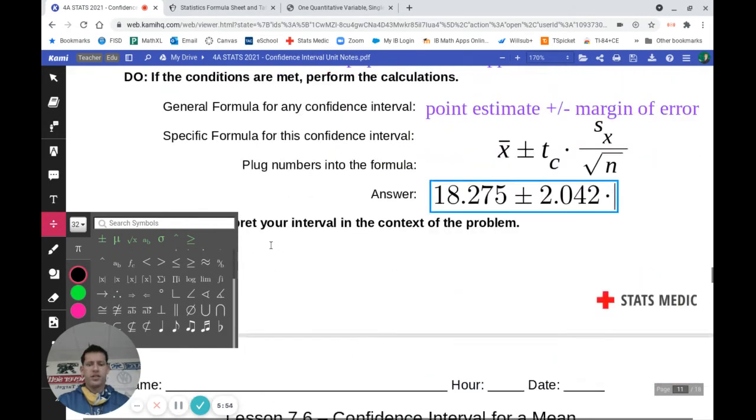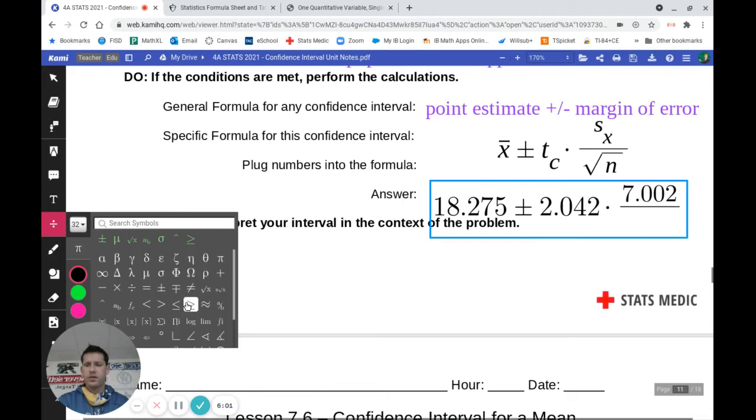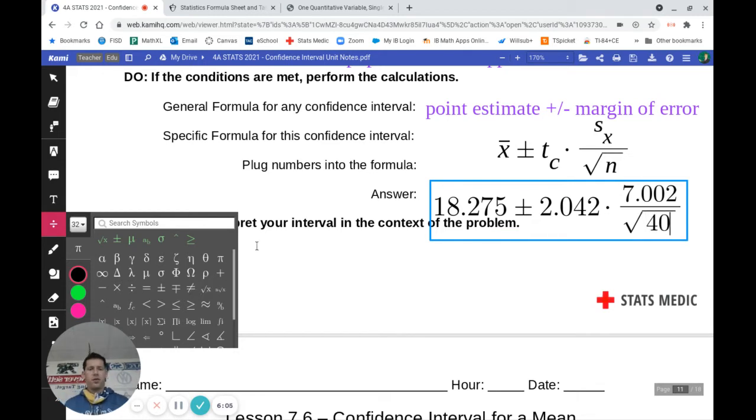So we can type out 7.002 divided by the square root of 40, the sample size in my class. So I'll multiply all that together: 2.042 times 7.002 divided by the square root of 40.